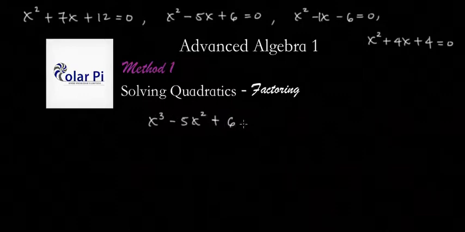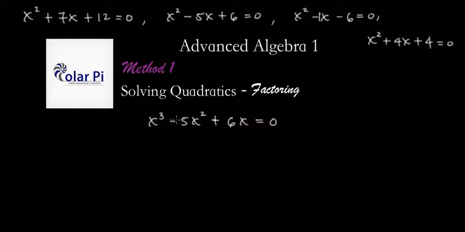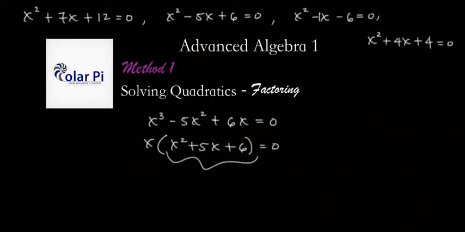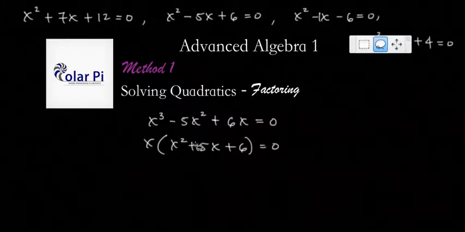If I gave you this equation, notice that immediately you can try to factor an x from all three terms and you'll succeed. So you take out an x and you get x squared plus 5x plus 6 equal to 0. Now what's inside of the parenthesis is what we'd already done, which, well, actually I miswrote.